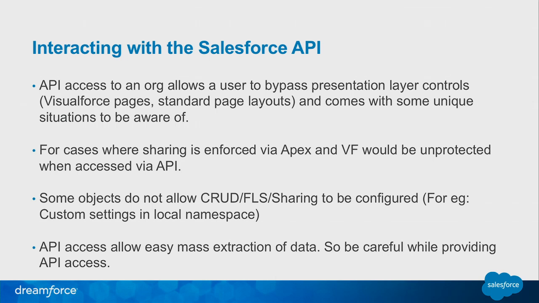And some objects do not allow CRUD, FLS and sharing to be configured. For example, custom settings and local namespaces do not allow CRUD, FLS, and sharing, so they would be accessible from the API. And obviously, API access will allow easy mass extraction of data, so be careful while you're providing API access.